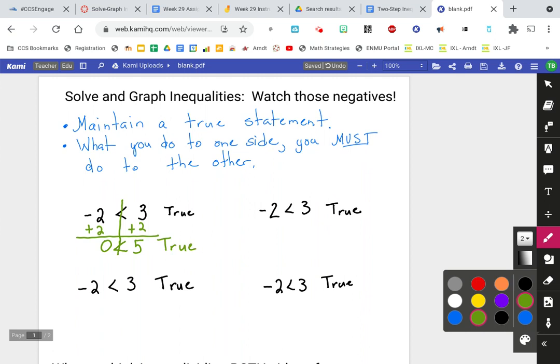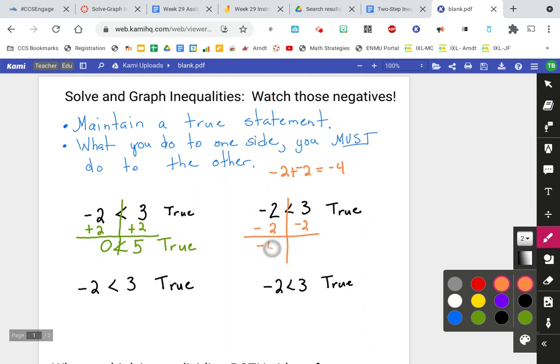Well, what if I wanted to, let's say, subtract 2 from both sides? So I hope that we know that -2 minus 2, remember we have to add the opposite, that's -4.